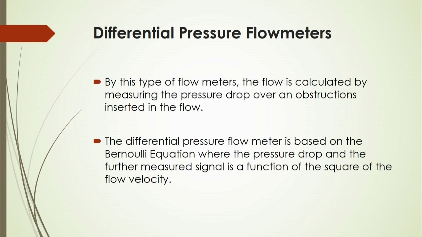And differential pressure flow meters, we have already discussed in the previous lecture. By this type of flow meter, the flow is calculated by measuring the pressure drop over an obstruction inserted in the flow. The differential pressure flow meter is based on Bernoulli's equation, and we have discussed how to derive those equations to calculate the velocity, and if you know the velocity, how to calculate the volumetric flow rate from the cross sectional area and the velocity.